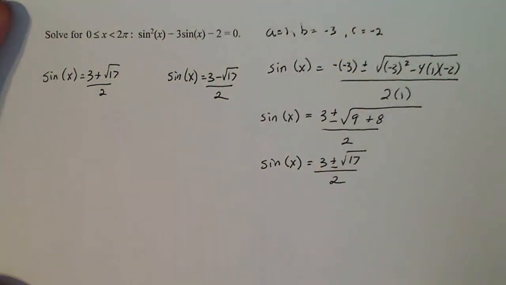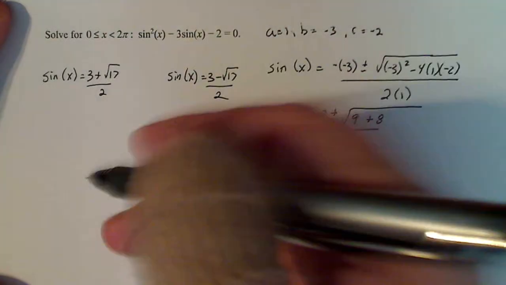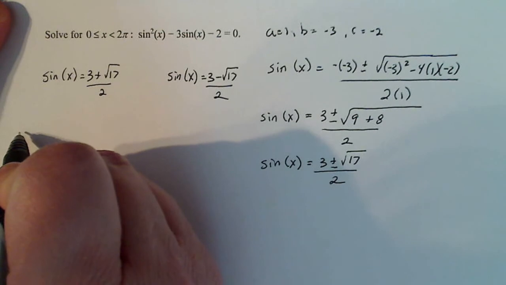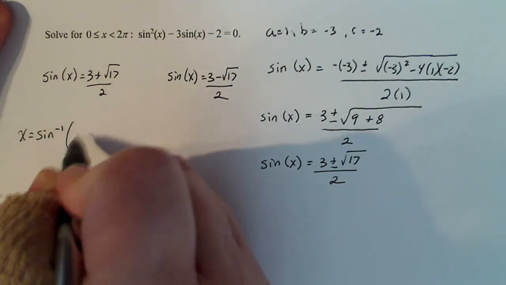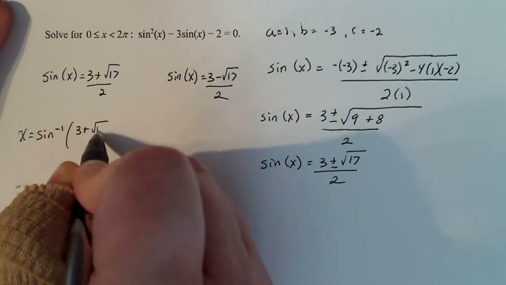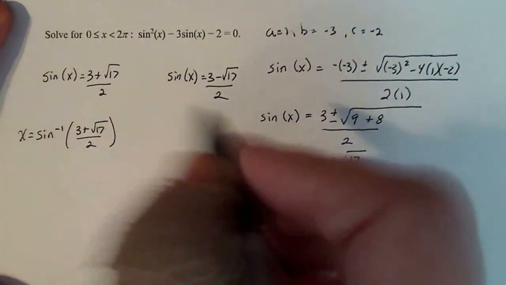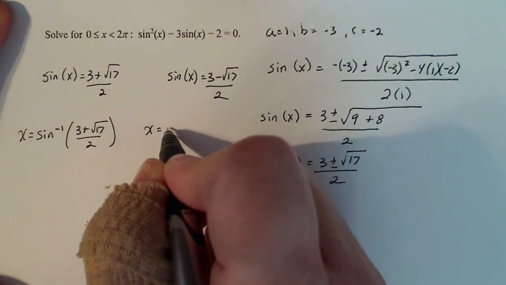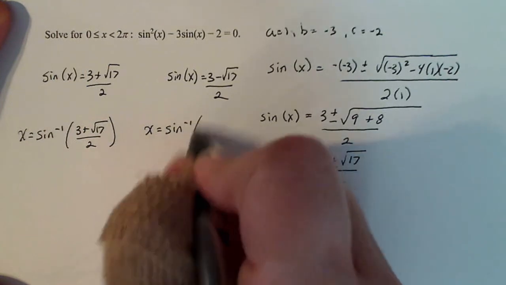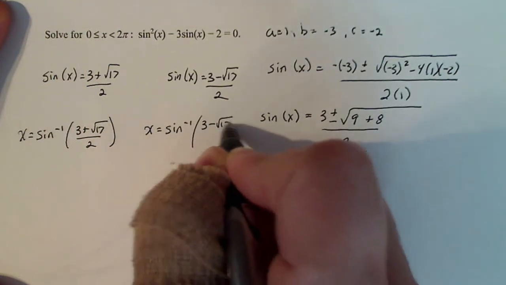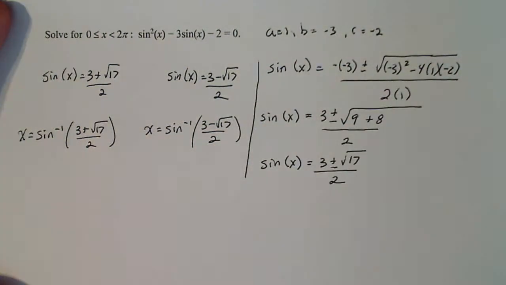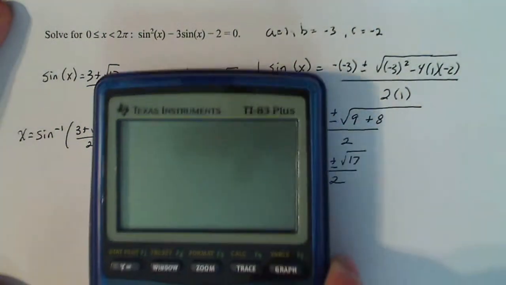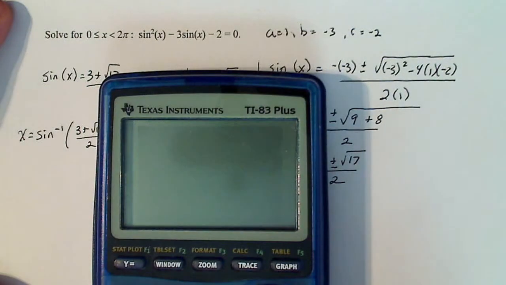Now since these aren't standard and I'm not forced to use the unit circle, I'm going to use my calculator and the arcsine function. So that means x is equal to sine inverse, or arcsine, of 3 plus the square root of 17 over 2. And over here, x is equal to the sine inverse, or arcsine, of 3 minus the square root of 17 over 2. Okay, now let's go to our little machines that we all love and enjoy. Turn it on.